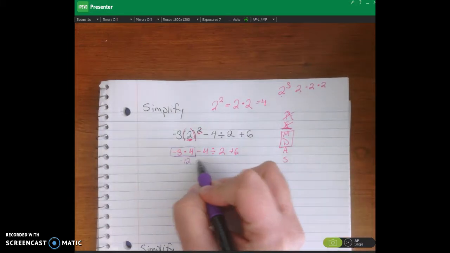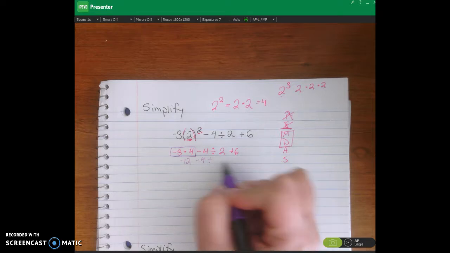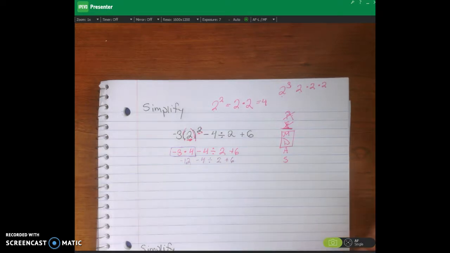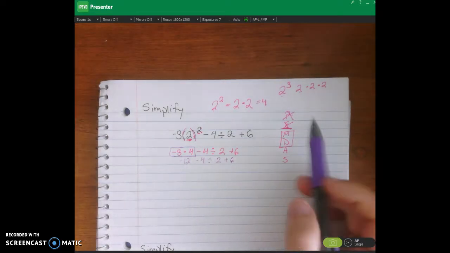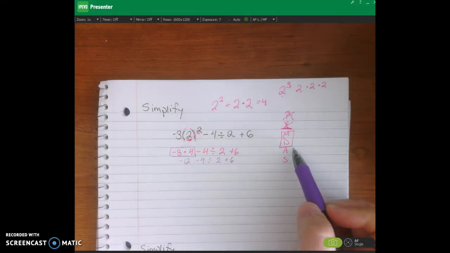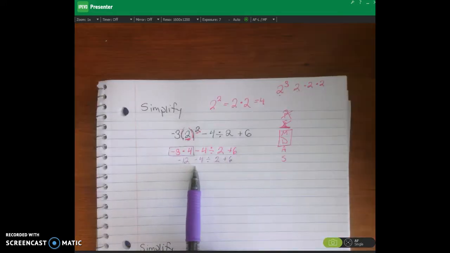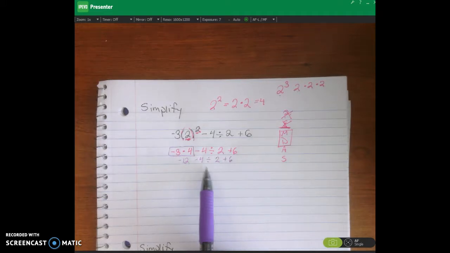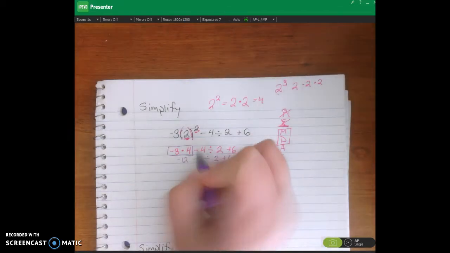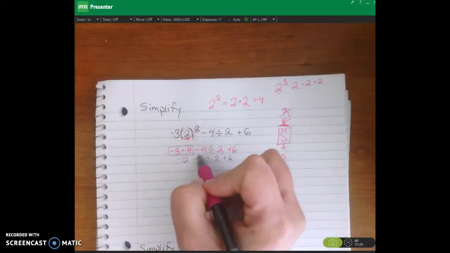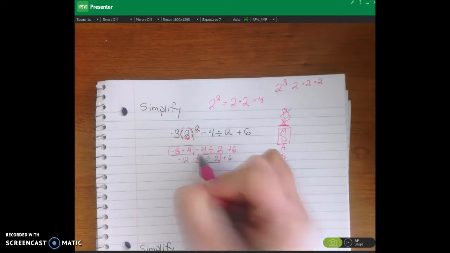But we still have -4 divided by 2 plus 6. But we're not done with all multiplication and division. We're going to keep going. We have subtraction, so we're going to leave that. But now we have this 4 divided by 2. So here's our next step. Let me use a different color. 4 divided by 2.